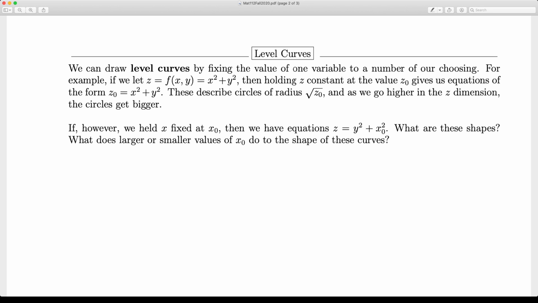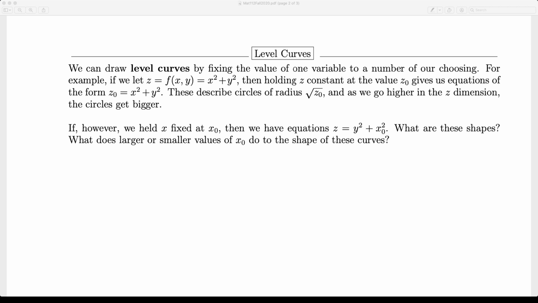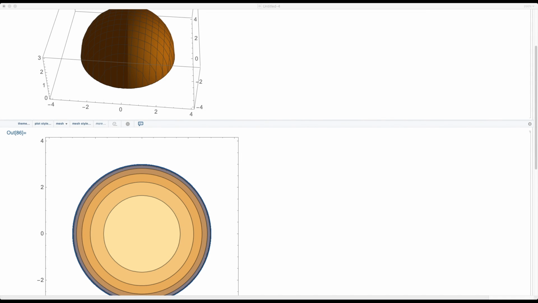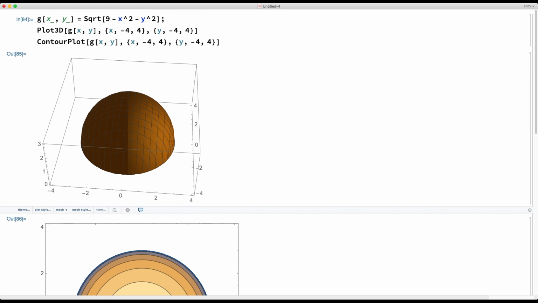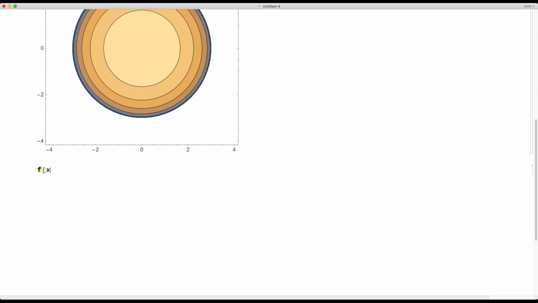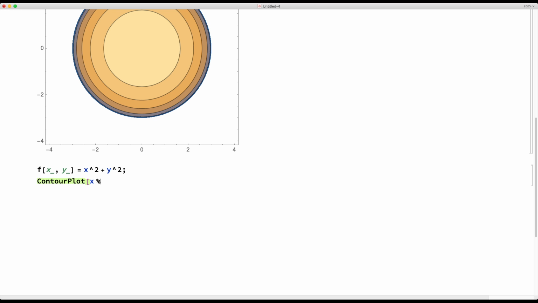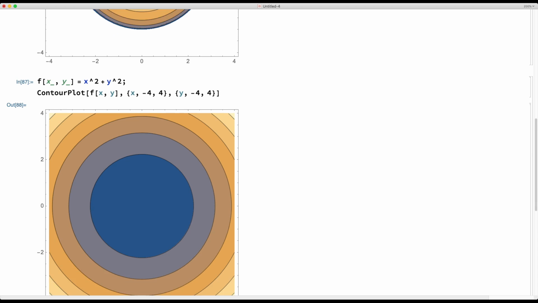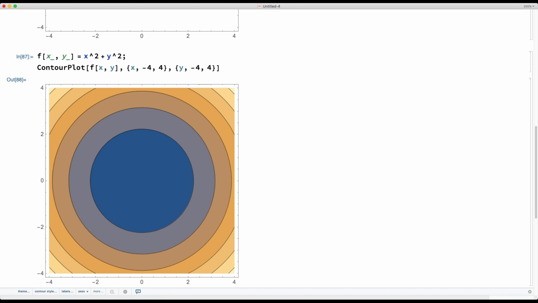All right, so let me draw one of these in Mathematica, just for sake of time. Let me go back to Mathematica and switch the inputs. I've already used G, so let me use F. Okay, so this time, this is what it looks like.